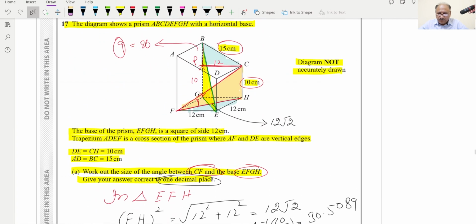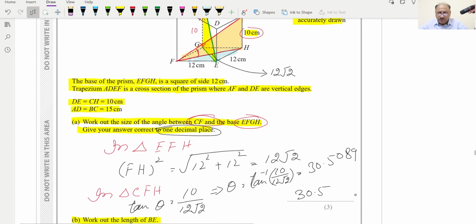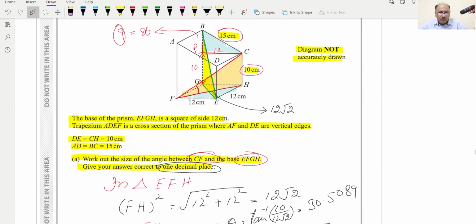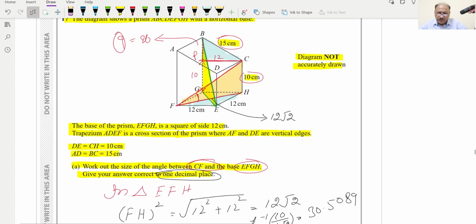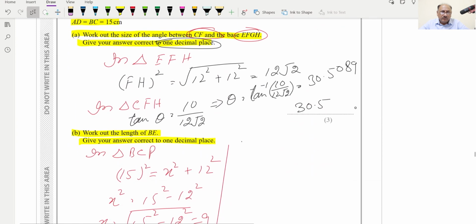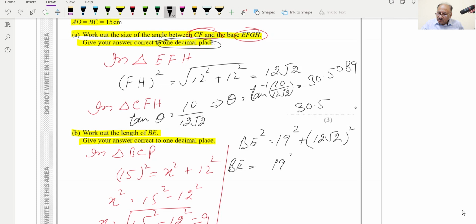Now we can apply in triangle BGP, we can apply Pythagoras theorem, because we have one side, so which BE squared, we can write BE squared will be equal to 19 squared plus 12 under root 2 squared, and this will be basically BE value will be equal to 19 squared plus 12 under root 2 squared and whole under root.